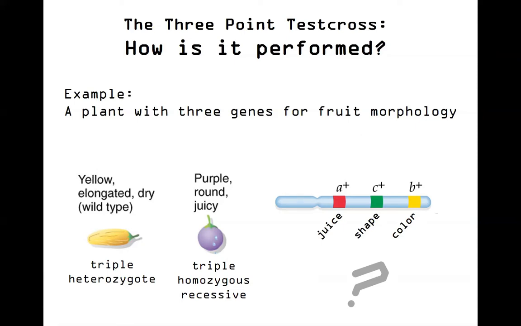The phenotype it's displaying is what we would consider wild type, or the dominant phenotype, but it is heterozygous for all 3 traits. The hallmark of the Testcross is crossing this to an individual that is homozygous recessive for all 3 traits.